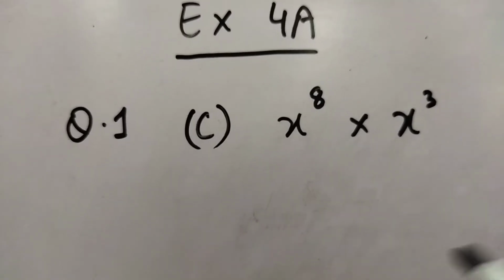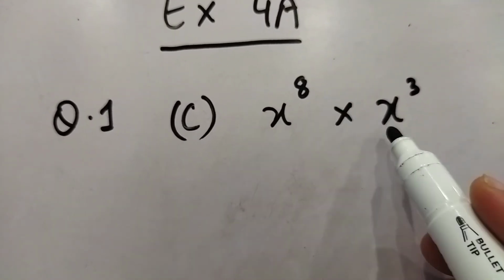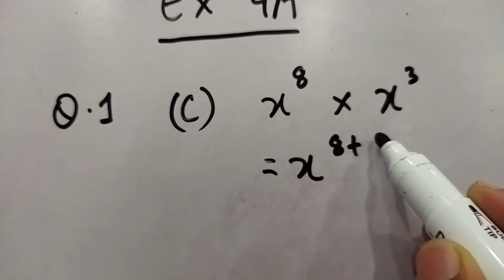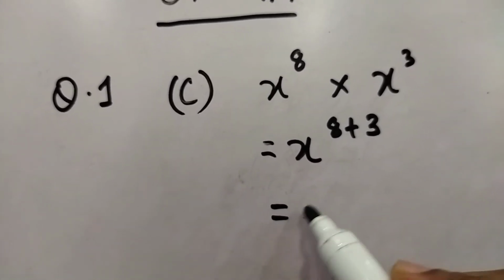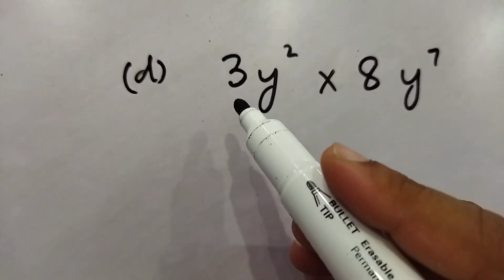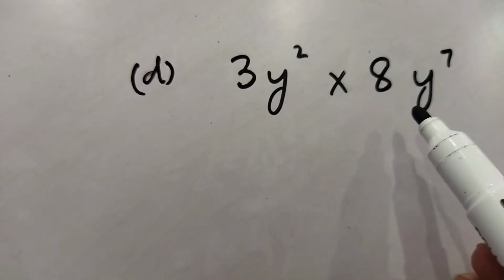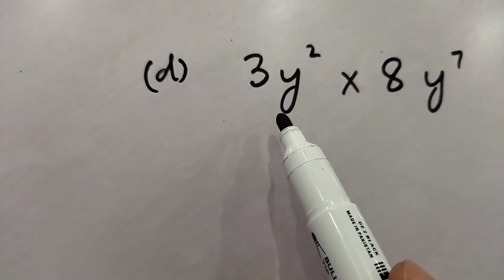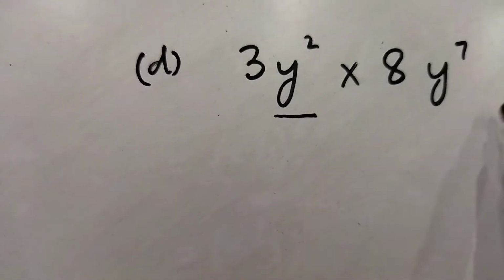Now part C says x raised to power 8 into x raised to power 3. So the answer would be x raised to power 8 plus 3, that is 11. This is the answer. Now a bit tricky question. Here we have 3y squared into 8y to the power 7. So all we need to do is find out the same bases.